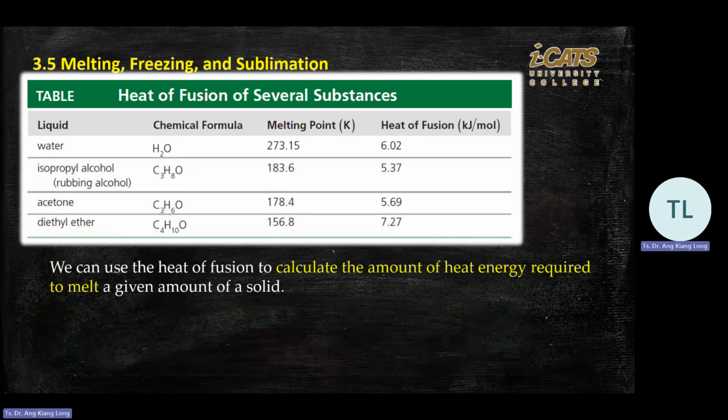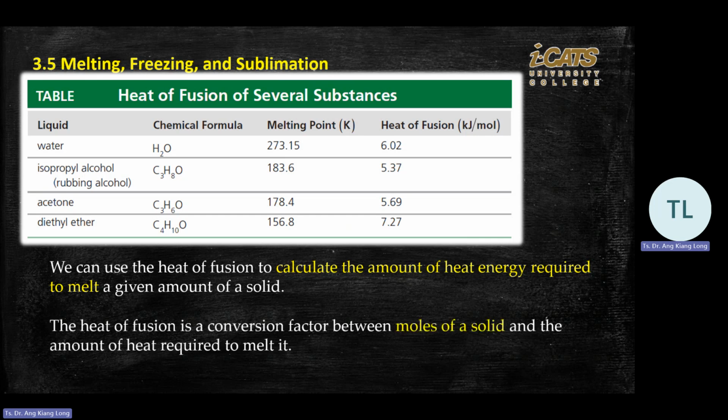Okay. Again, we use the heat of fusion to calculate the amount of heat energy required to melt a certain amount of solid. Just now, vaporization was liquid, but if the question asks you to use heat of fusion, it means you convert solid into liquid. You melt something.